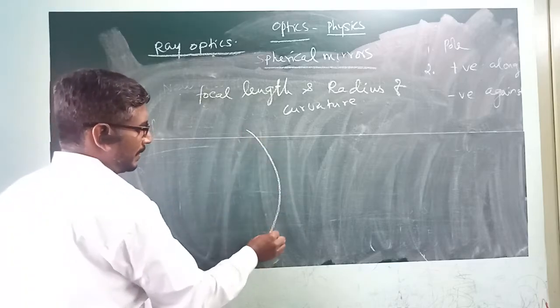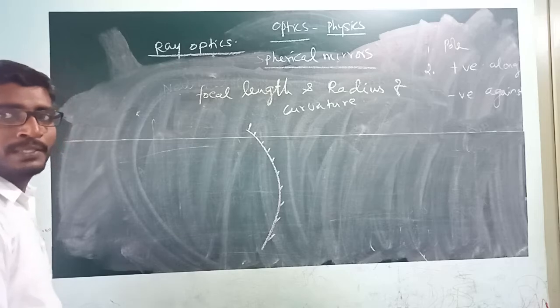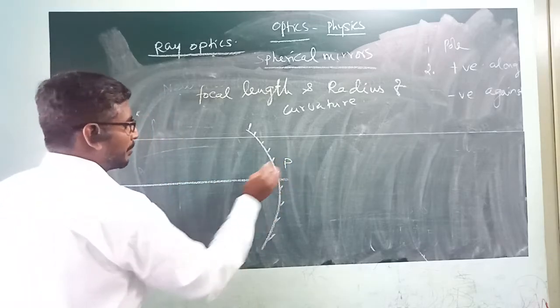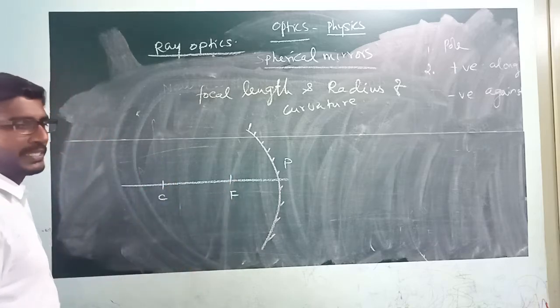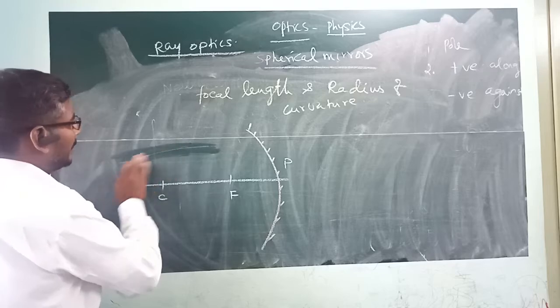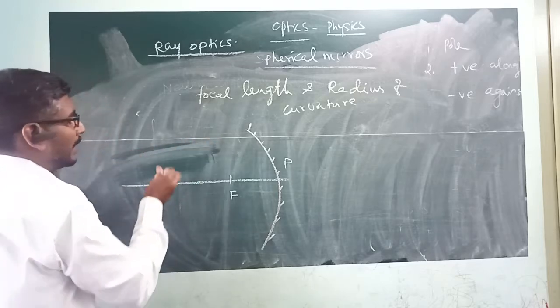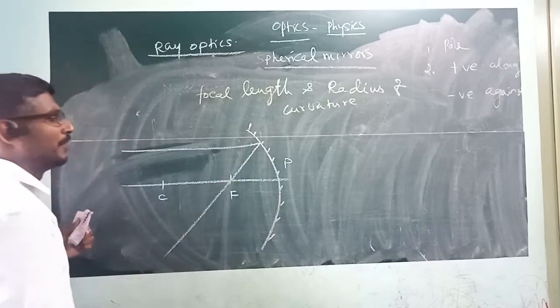Let us consider this is a concave mirror. This is point P, this is my focus, and this is my center of curvature. You know the simple law: any ray which is passing parallel to the principal axis will always pass through the focus.